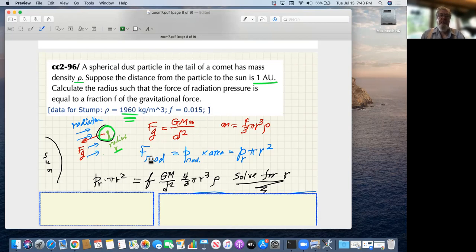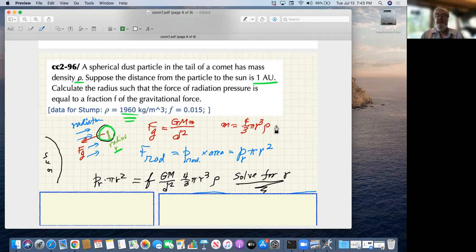And the force of any pressure is the pressure times the area. So the force due to the radiation pressure is the radiation pressure times the area, namely the cross-sectional area of this little sphere, pi r squared. I guess I also have to know what's the mass of the dust grain.